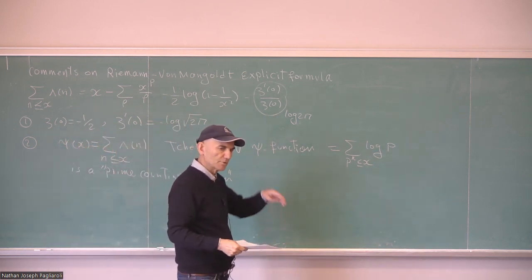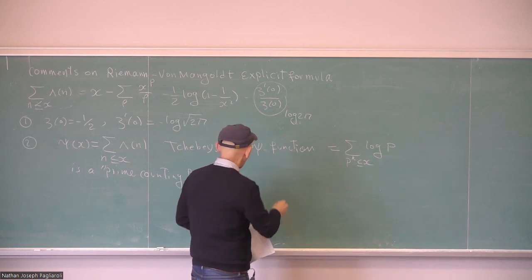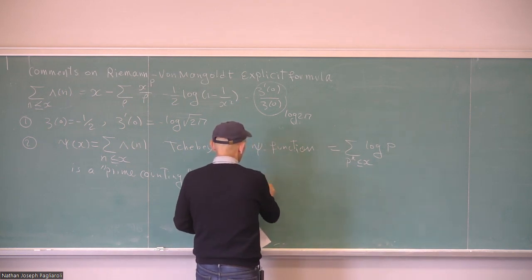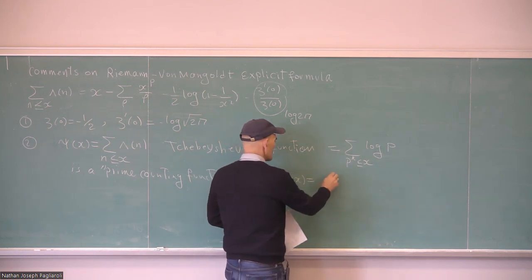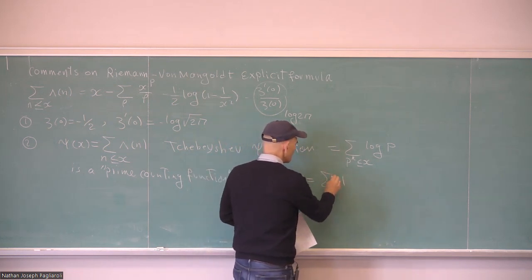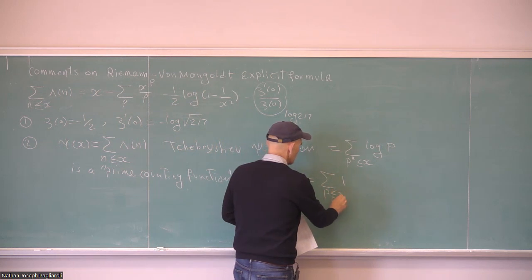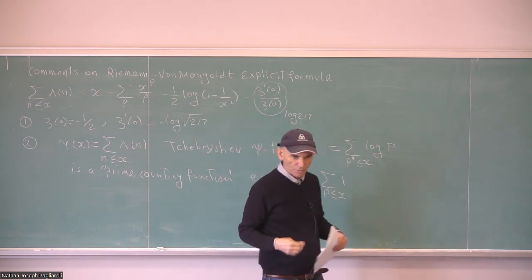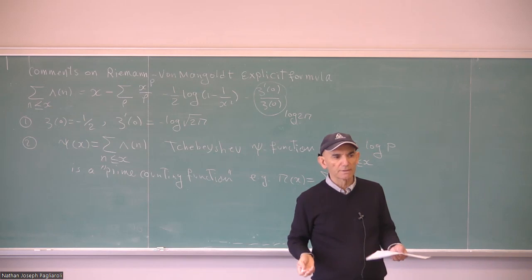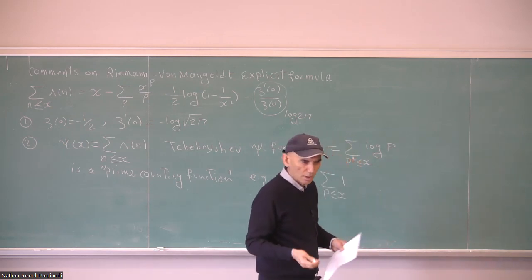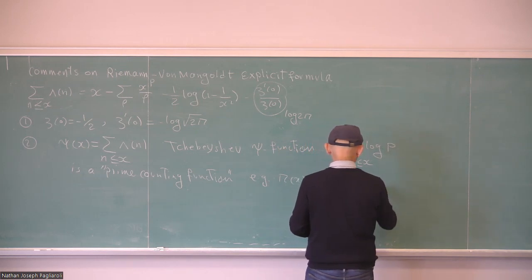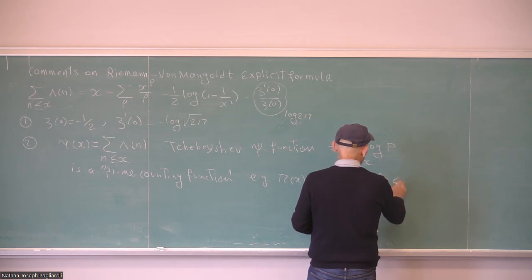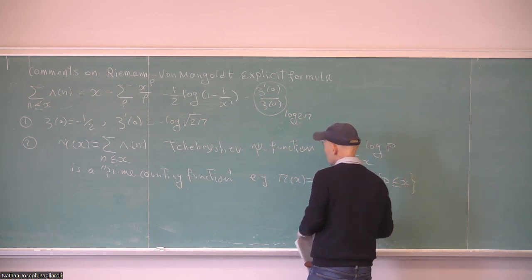The most famous is the original one that we have, pi of x, which is just the sum of 1 over p less than or equal to x. The summation is over the set of all primes less than or equal to x. So this is equal to the number of primes p less than or equal to x.